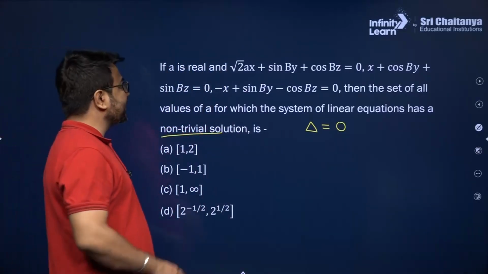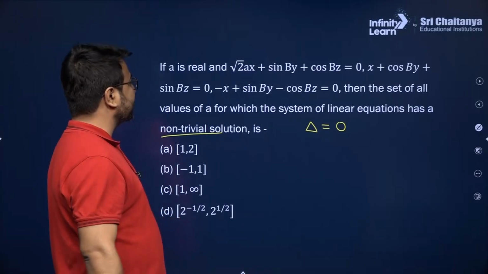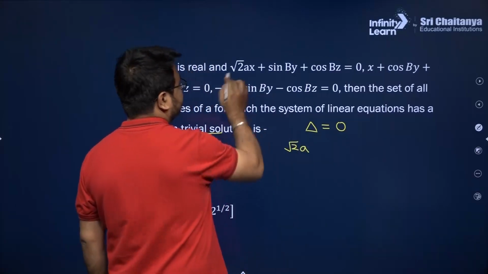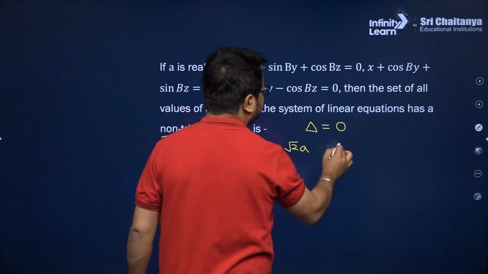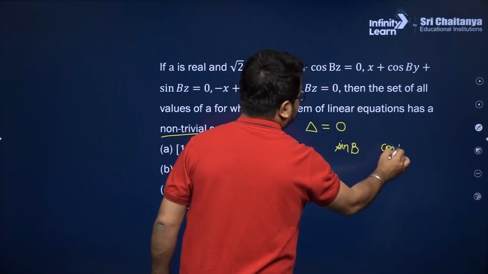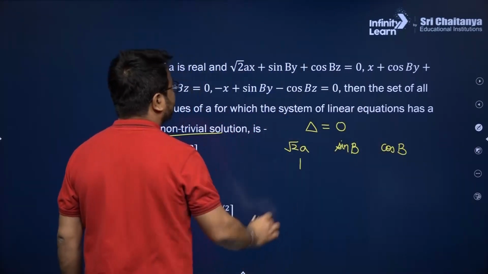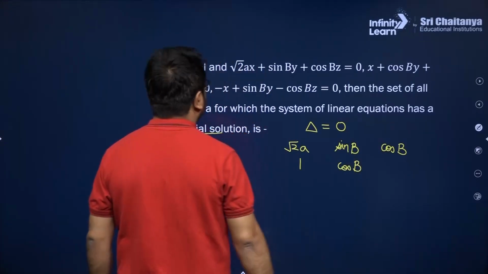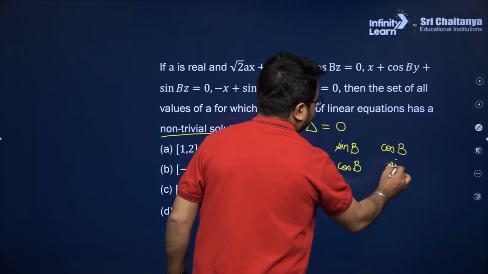So if delta is equal to 0, then here we have root 2a, then sin b, then cos b. Again we have 1, then cos b, then sin b.